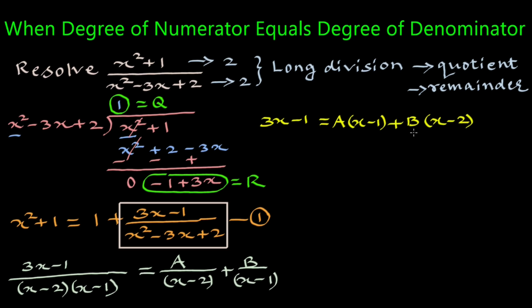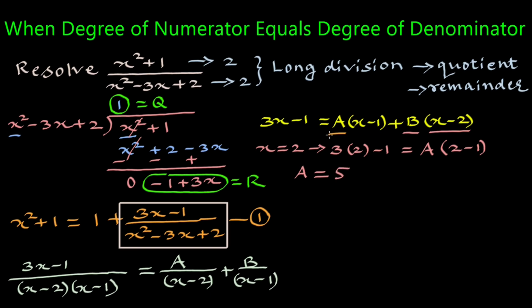Now in order to eliminate b, we will put x equals 2. That gives 3 into 2 minus 1 equals a into 2 minus 1. That gives a equals 6 minus 1, 5. Next, to eliminate a, we will put x equals 1.